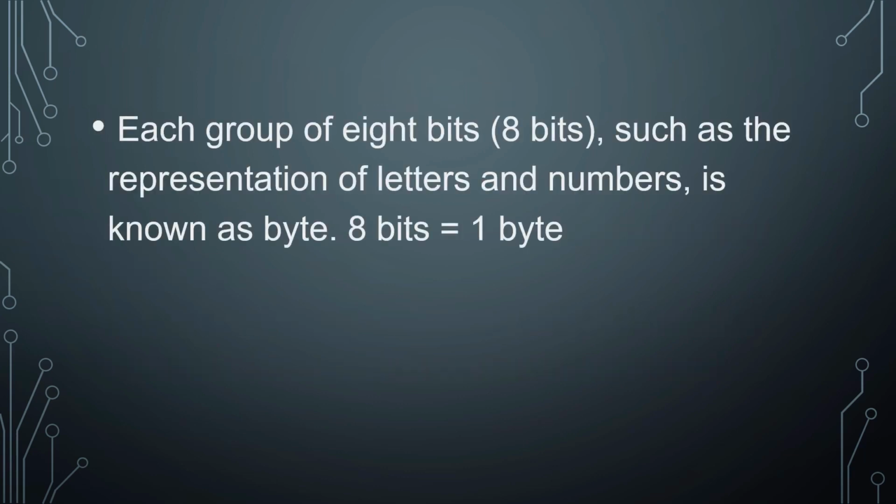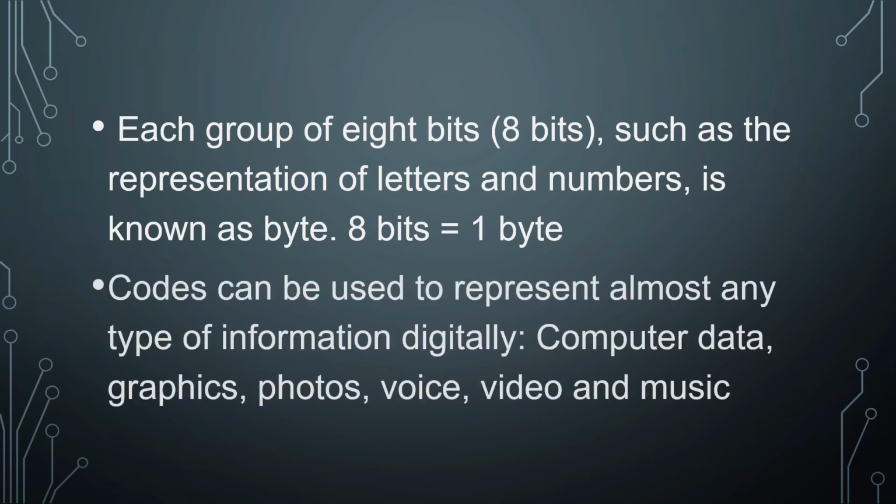Each group of 8 bits, such as the representation of letters and numbers, is known as a byte. So 8 bits is equal to 1 byte. Codes can be used to represent almost any type of information digitally: computer data, graphics, photos, voice, video, and music.